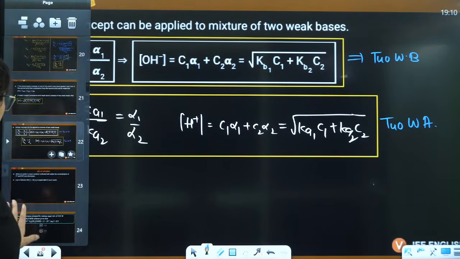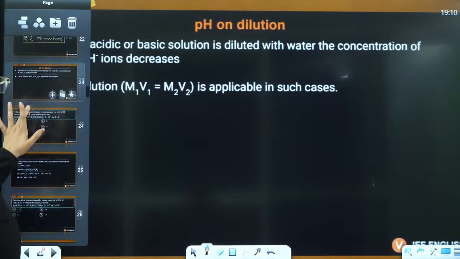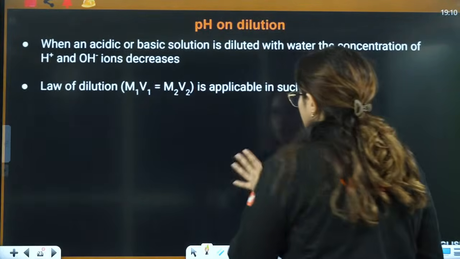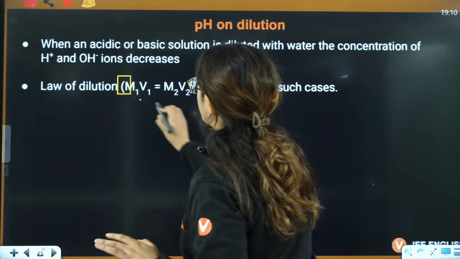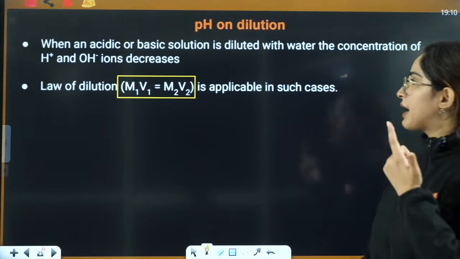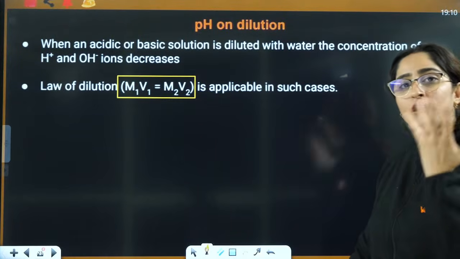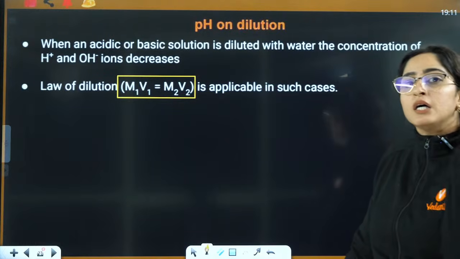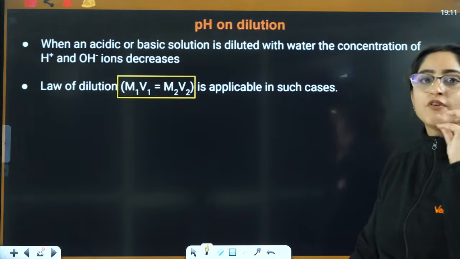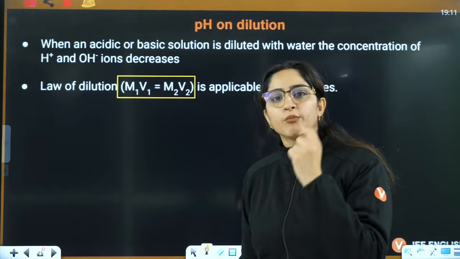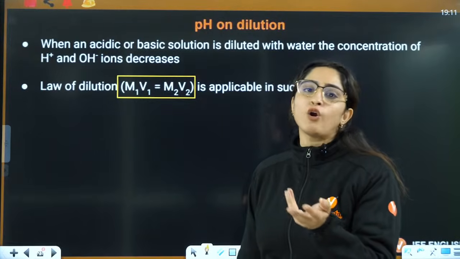Now let's see the next topic, that is pH on dilution. When you dilute, remember this formula: the law of dilution says M1V1 is equal to M2V2. The core concept is that when you dilute, the number of moles of that compound will not change.